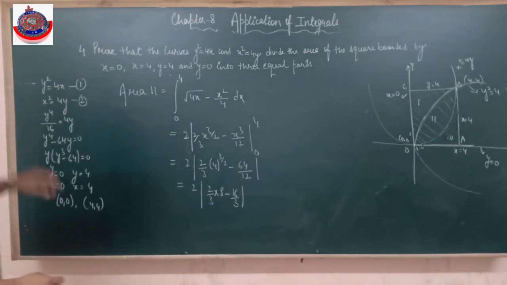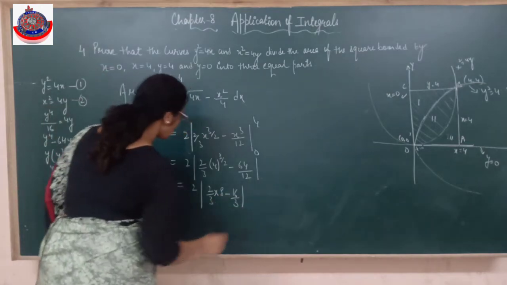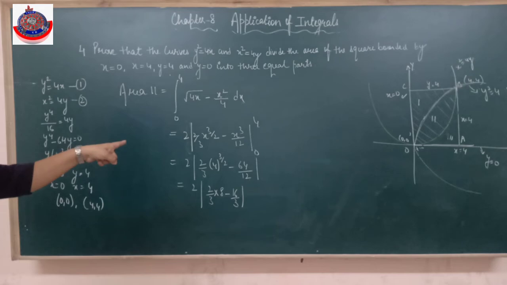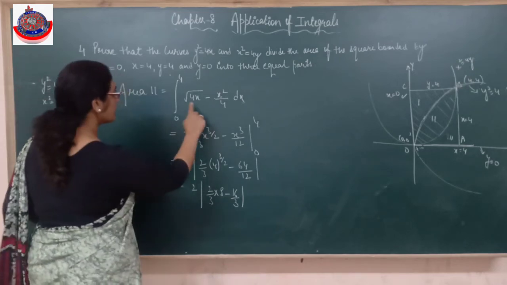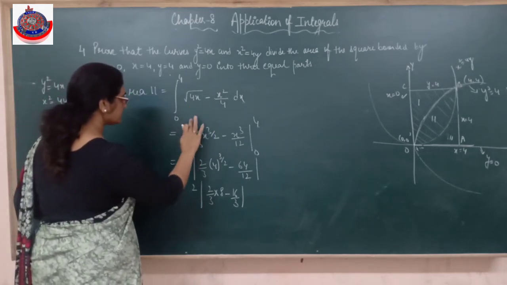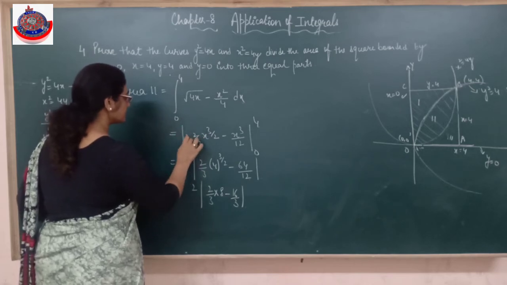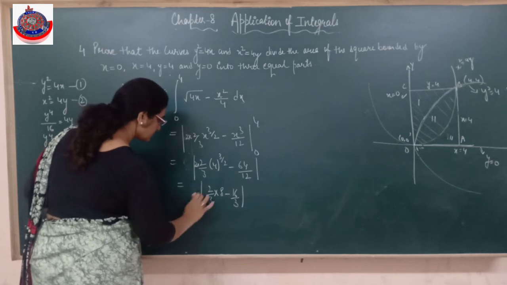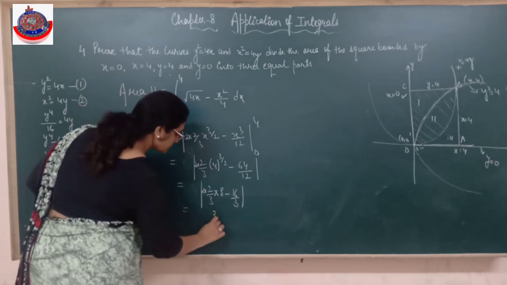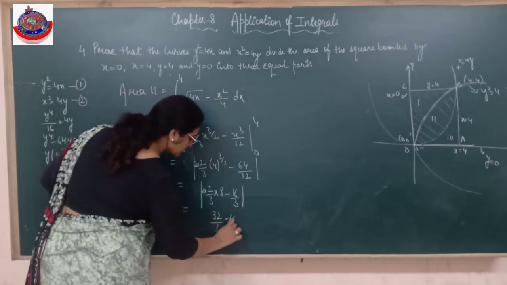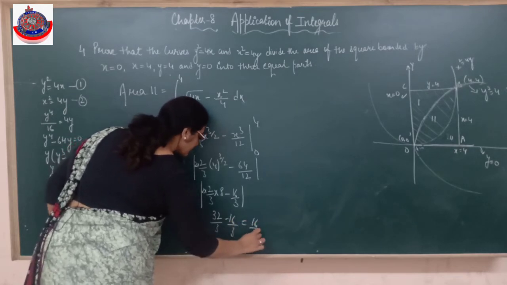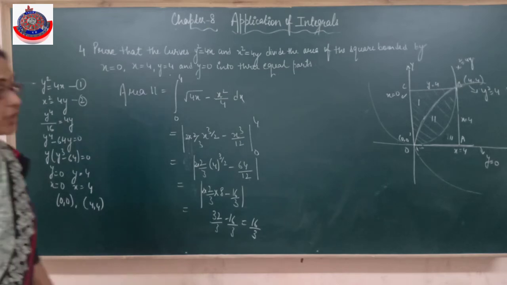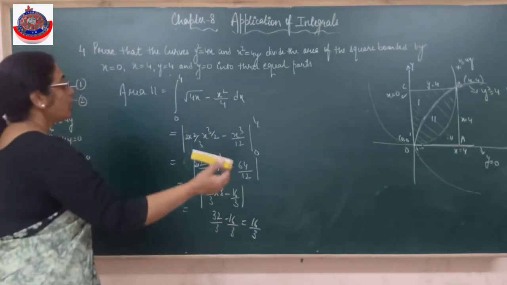Clear? And 2 times. Okay, this is something. This was only with this. Sorry, area 2 has also come 16 by 3. Clear? Alright, so similarly we'll find out area 3.